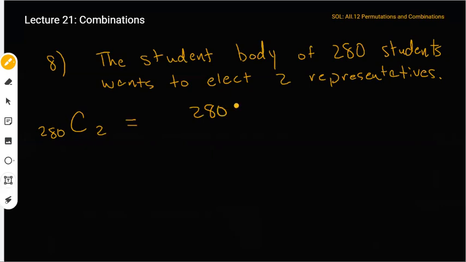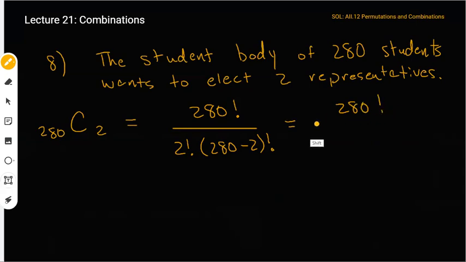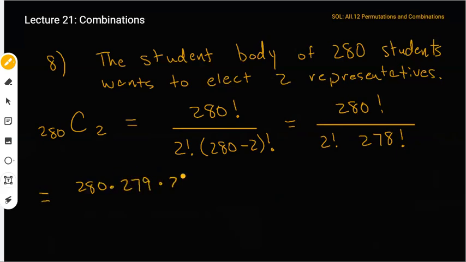So I'm going to have 280 factorial at the top, 2 factorial at the bottom, and 280 minus 2 factorial. So at the bottom, I can subtract 280 minus 2, that's 278. So now expanding the top out a little bit, I can do 280 times 279 times 278.